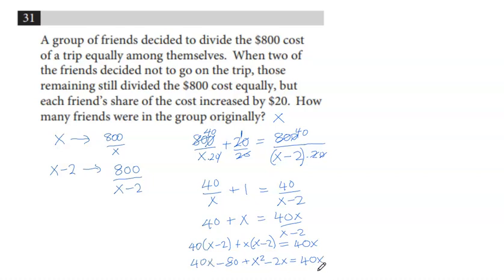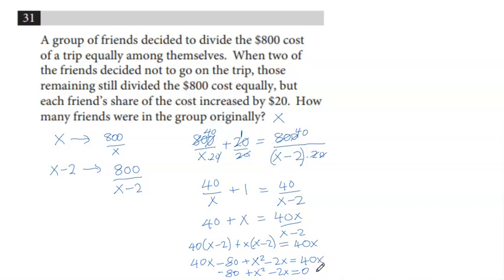If you subtract the 40x from both sides, we will have minus 80 plus x squared minus 2x is equal to 0. Remember, we just subtracted 40x from both sides.